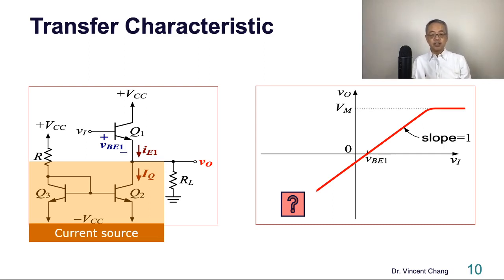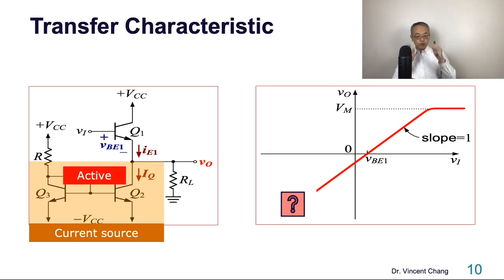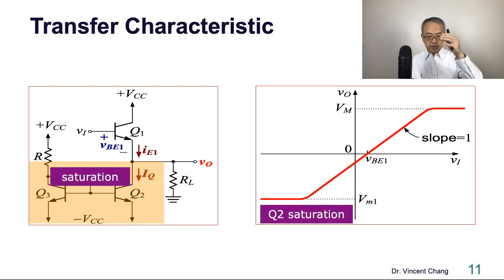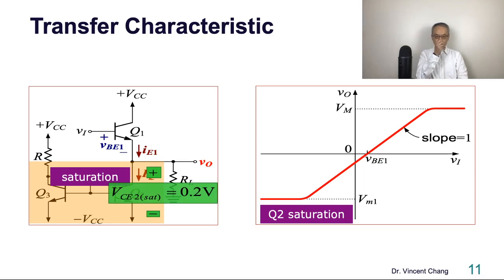For the current source to function well, of course, it has to be in the forward active region. But once Q2 enters saturation, it gives us another limit, the negative saturation voltage denoted by Vm1.